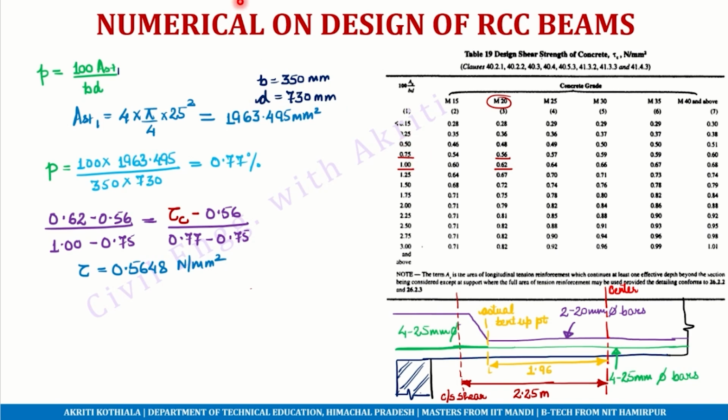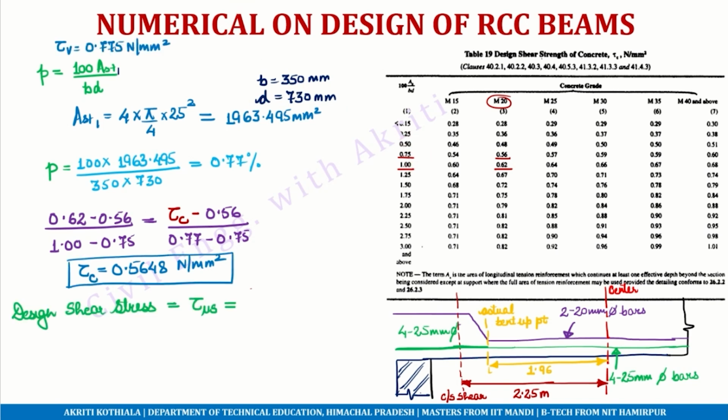So now, what is the design shear stress? Design shear stress is denoted by tau us. This is the shear stress which is beyond the value of the shear stress resisted by concrete. So the nominal shear stress acting on the beam was 0.775 Newton per millimeter square, and the one that can be resisted by concrete is 0.5648.